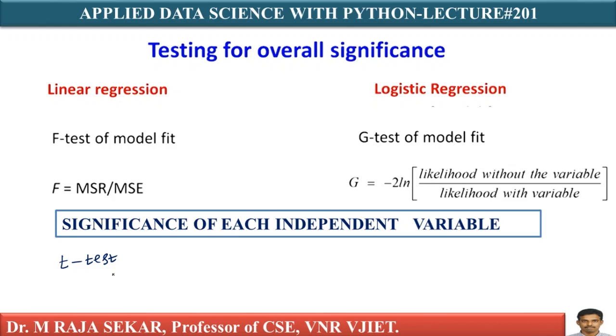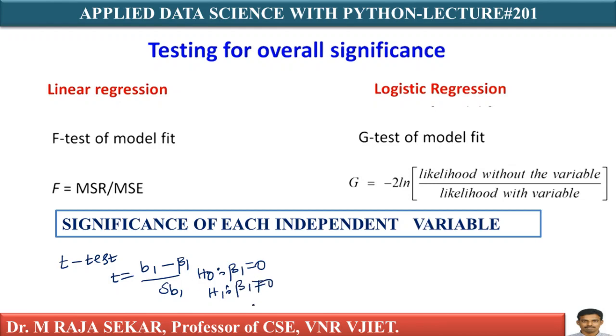The formula is t equals b1 minus beta 1 by sb1. What is our null hypothesis in the case of linear regression? H0 is beta 1 equal to 0. And our alternative hypothesis is H1: beta 1 not equal to 0.